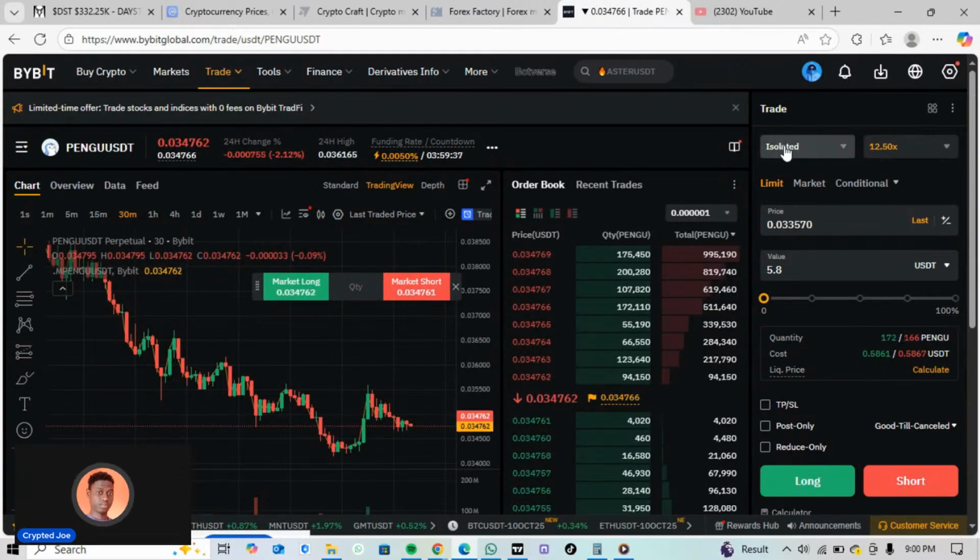So if let's say we are on cross margin now, and you didn't set your stop loss, so if the trade starts going against you and it comes down to your liquidation price, because you didn't set stop loss to lose a particular amount, you are going to lose all of this 0.58 instead of 0.25 cents.